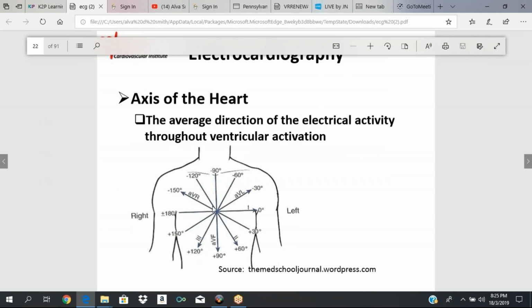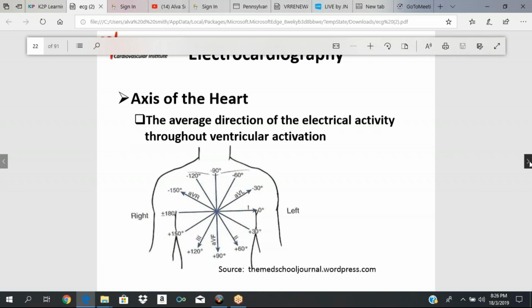Lead 3 is right here. Perpendicular to lead 3, that's 90 degrees, is AVR. Positive AVR is minus 150.